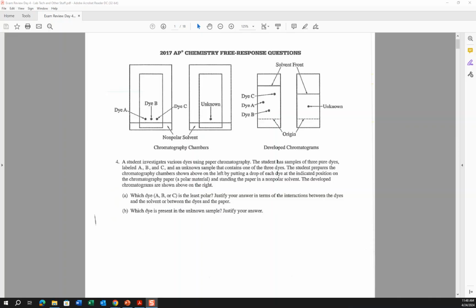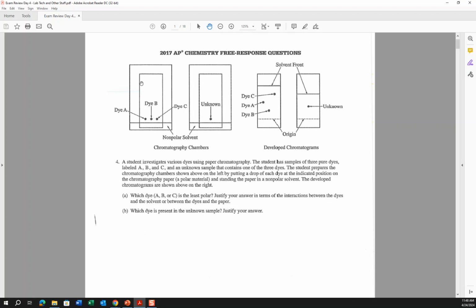So the first one here is looking at chromatography, because we really don't talk about chromatography in AP Chemistry. So I just want to review it. If you get a chromatography question, it's basically: is the dye polar or nonpolar?